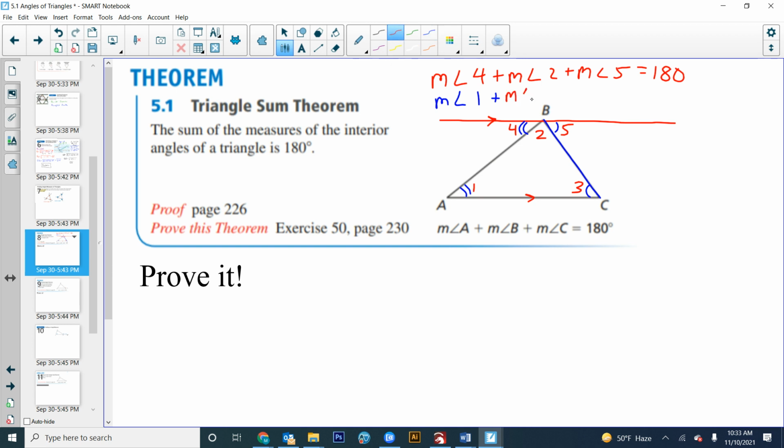And couldn't I keep 2 the same? And what could I put in for 5? 3. What did I just show? By substitution, I just showed that 1 plus 2 plus 3 equals 180. What are 1, 2, and 3? The interior angles of the triangle. That's not for you to formalize on a proof because we're running out of time. I wanted to at least show you.